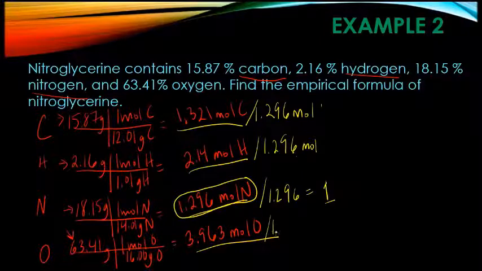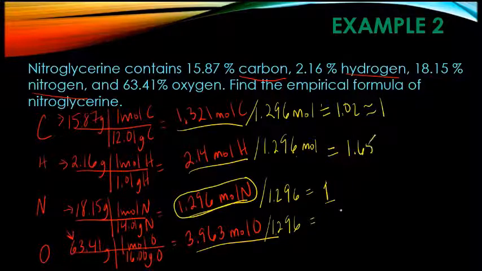And then you calculate those to get your possible whole numbers, although you might have to multiply till whole. Okay, so when you divide this out, you end up getting 1.02, which is virtually a 1. You divide this one out, you get 1.65. You divide this one out, the oxygen here, and you get 3.06, which is really equivalent to a 3.